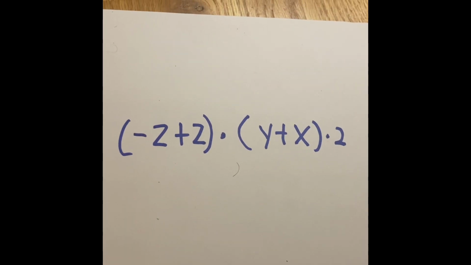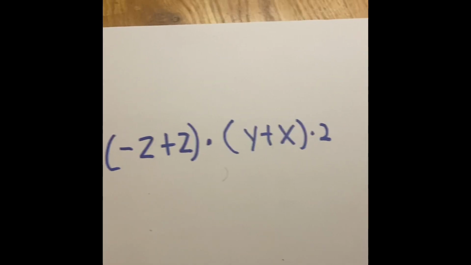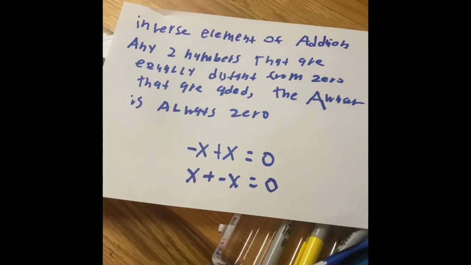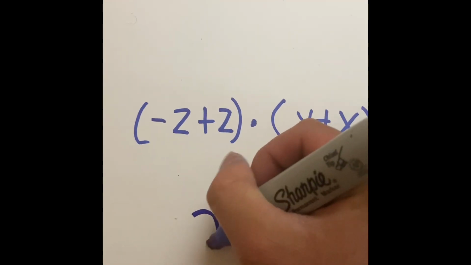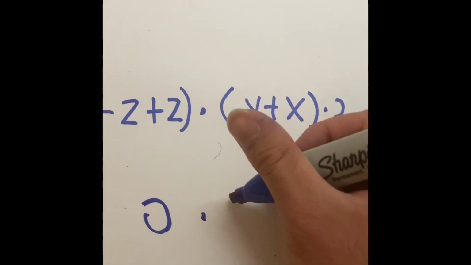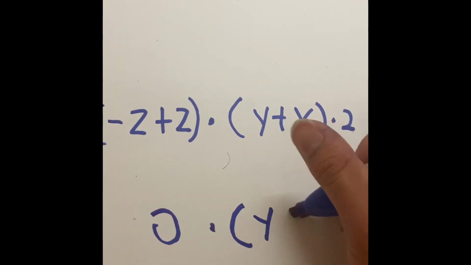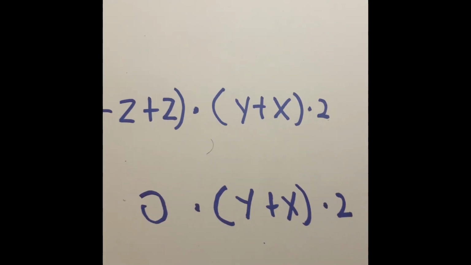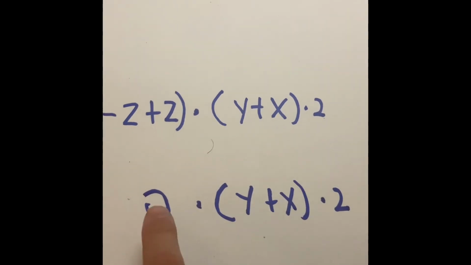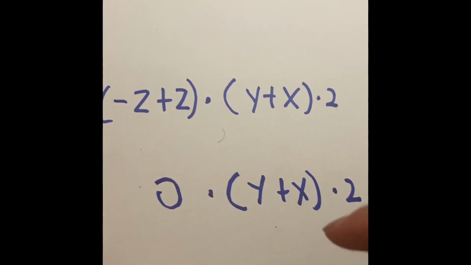When we use the inverse element of addition, negative z plus z becomes 0. So 0 is multiplied by y plus x in parentheses, times 2. We can rearrange the problem: 0 times 2 becomes 0.